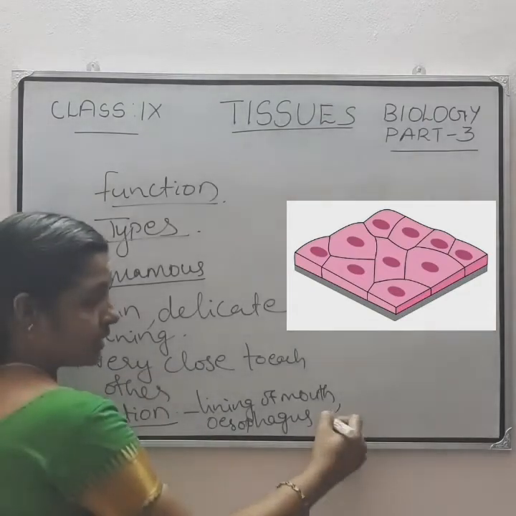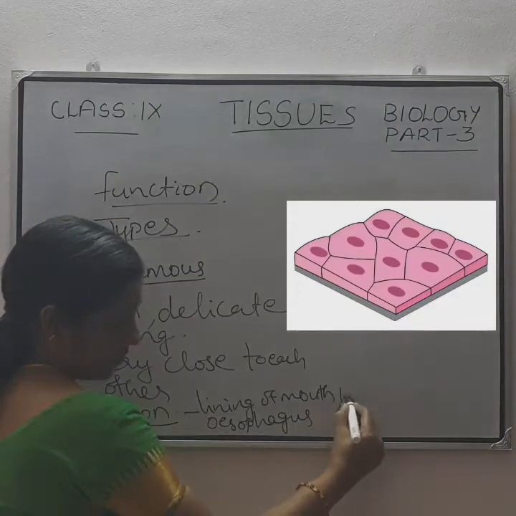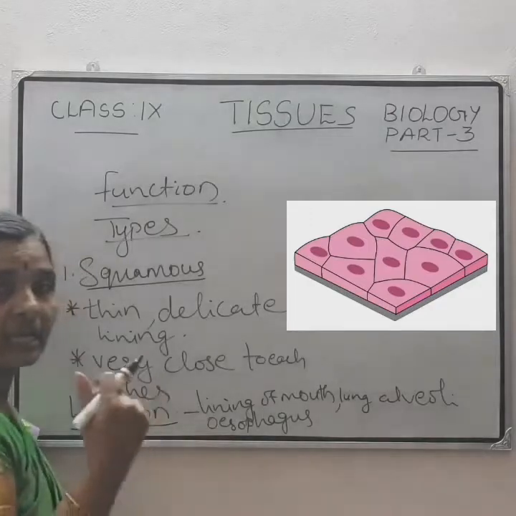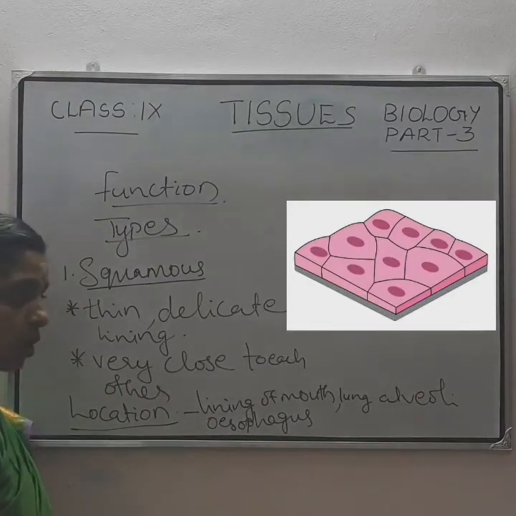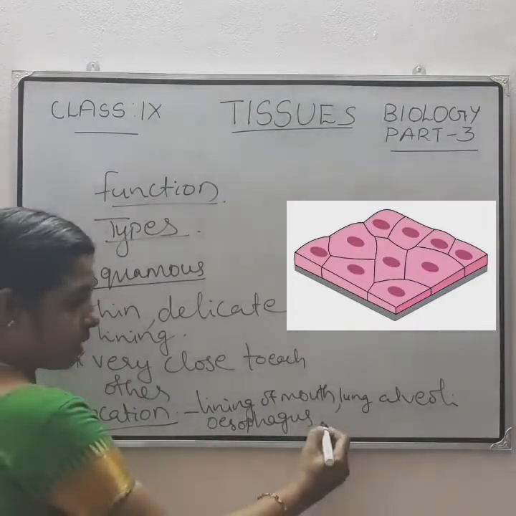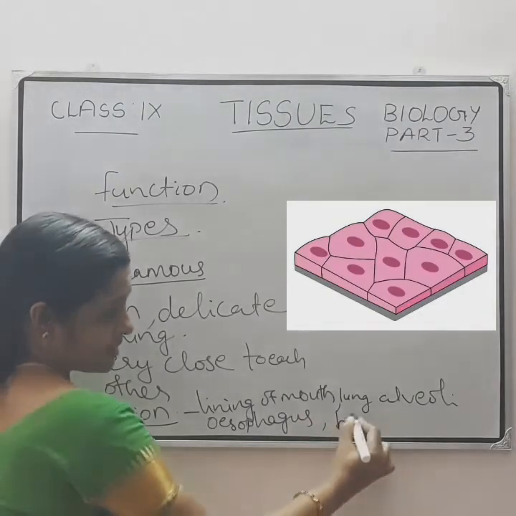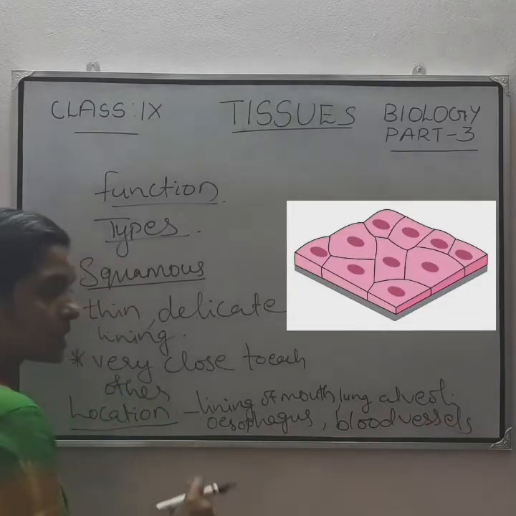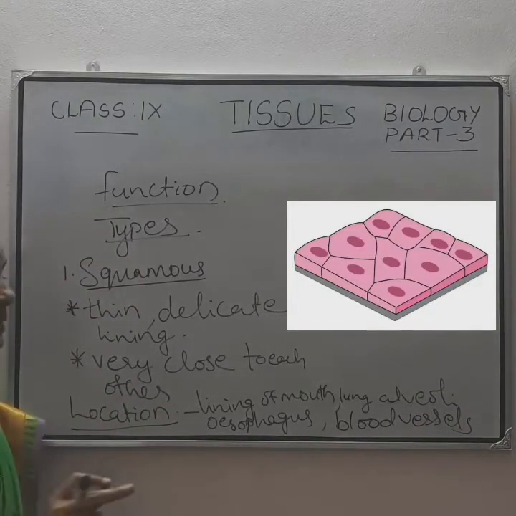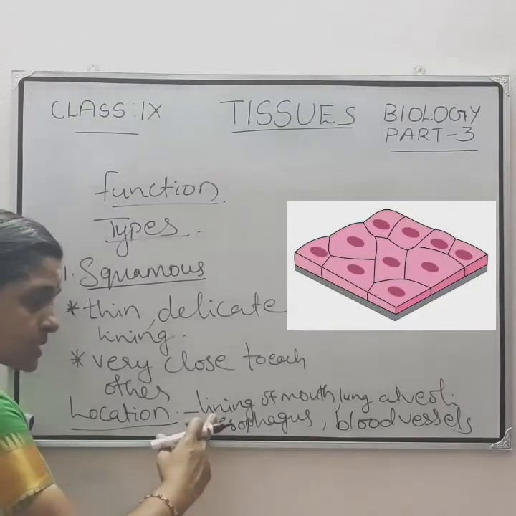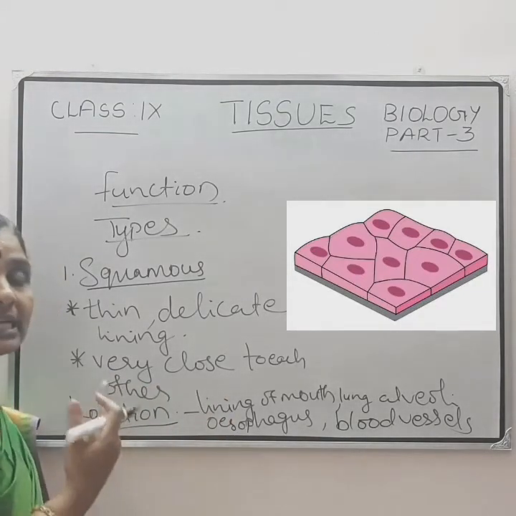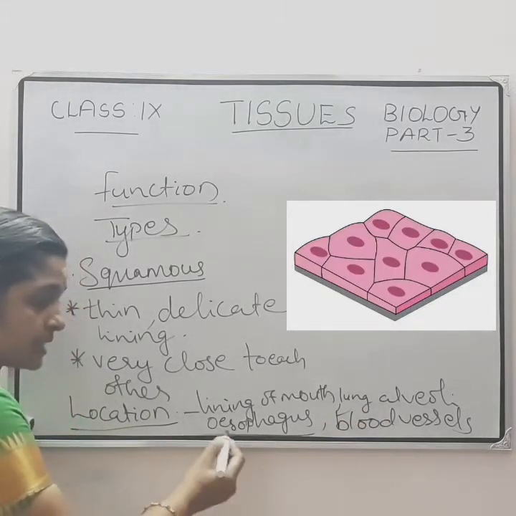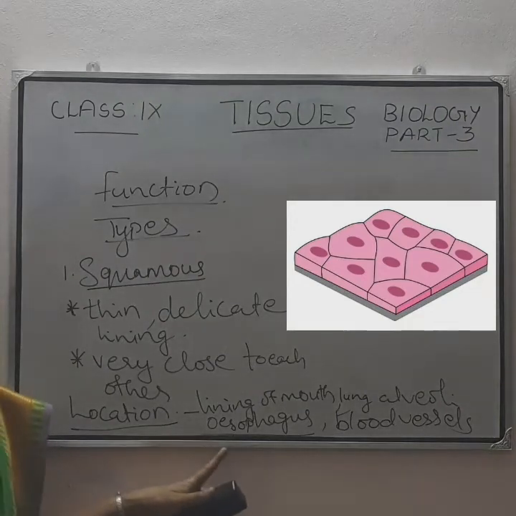Then the lining of the lung alveoli, also squamous epithelium. Then the lining of blood vessels also. Once again, they are present where? The lining of the mouth, lining of lung alveoli, lining of blood vessels, and also in the esophagus region.